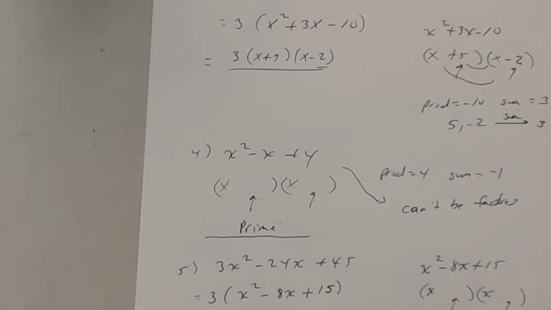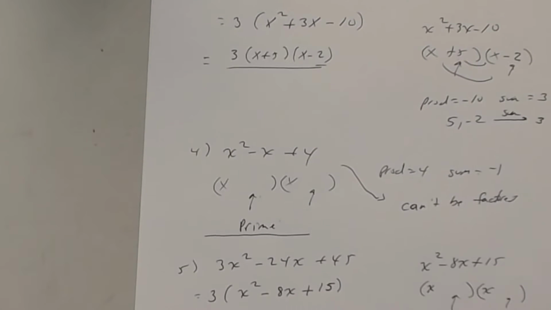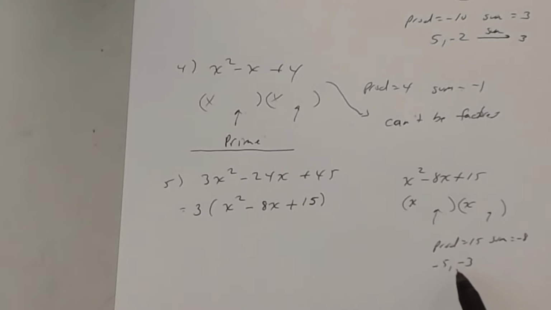So I need two numbers whose product is 15 and whose sum is negative 8, right? So you said negative 5 and what? Negative 3. Yeah. So a negative times a negative is a positive, so I do get positive 15. And when I add them up, I do get this negative 8.